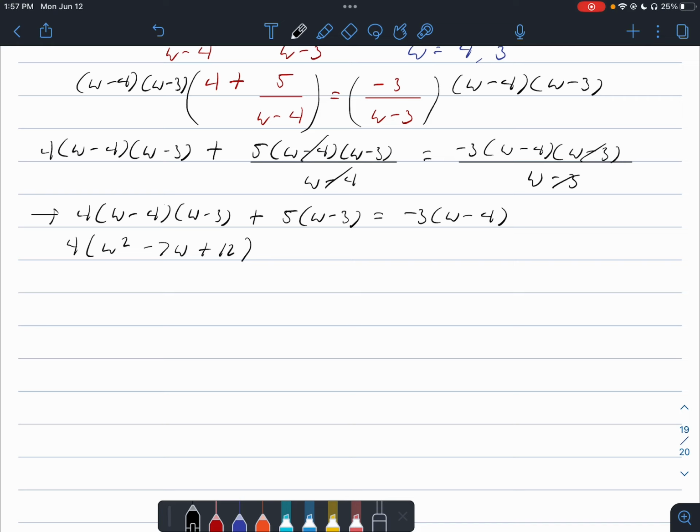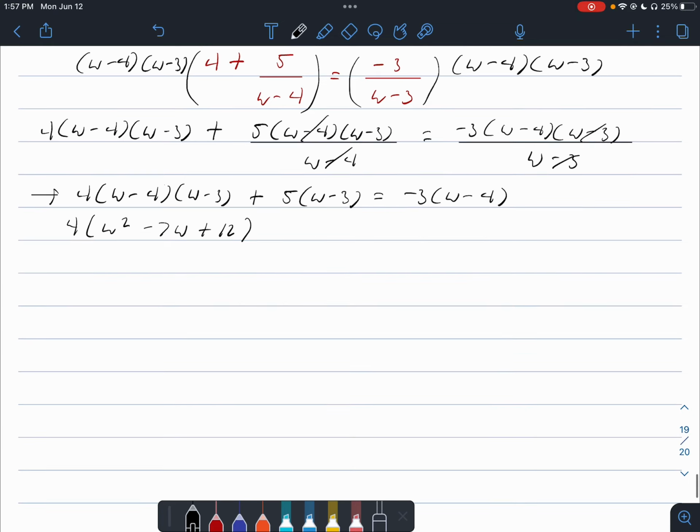You can do all of those steps yourself if you'd like. You should end up with w squared minus 7w plus 12. Okay. And then we'll have plus 5w minus 15 after you distribute this 5 here. And this is going to be equal to negative 3w plus 12 after you distribute this negative 3.